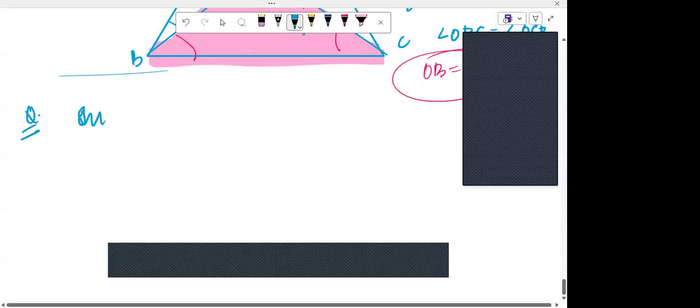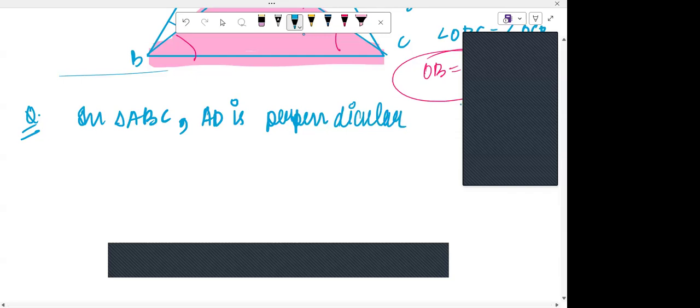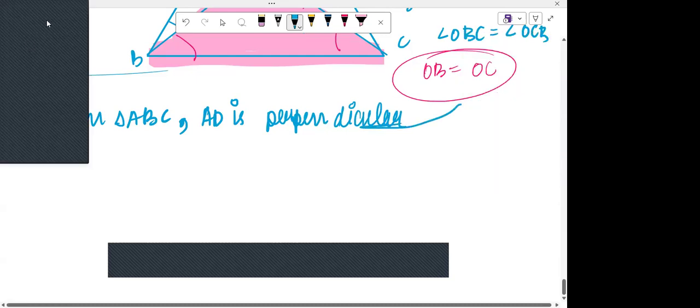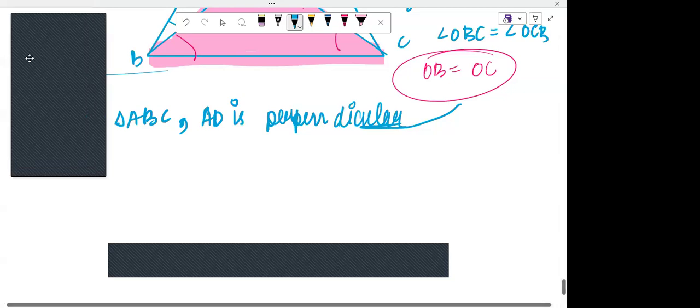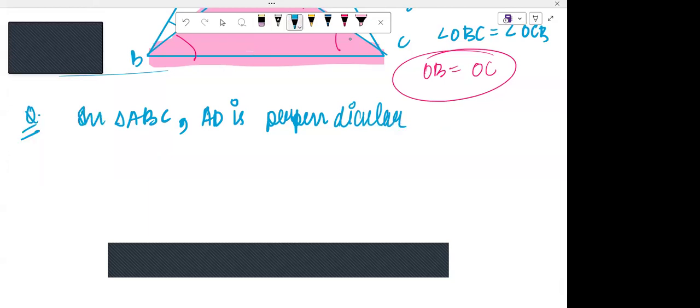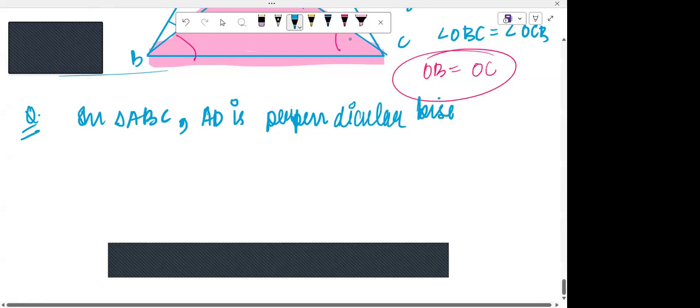You have a triangle ABC in which AD is the perpendicular bisector of BC. What is the meaning of perpendicular bisector? It bisects the triangle and also is 90 degrees. Okay, very good. So basically, when a line bisects anything at 90 degrees, it is known as a perpendicular bisector.